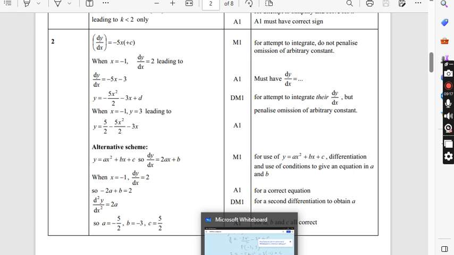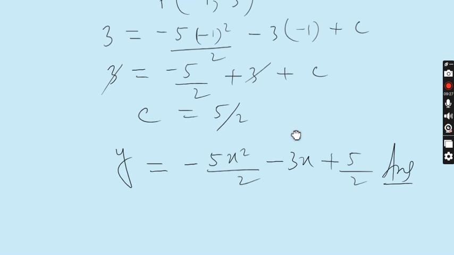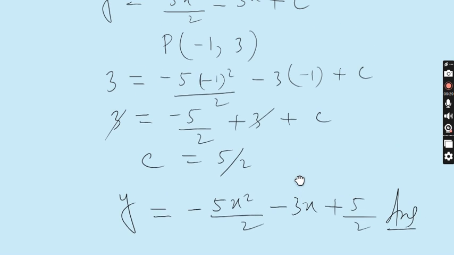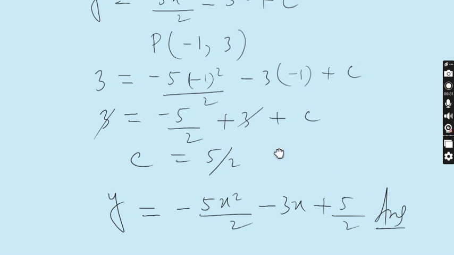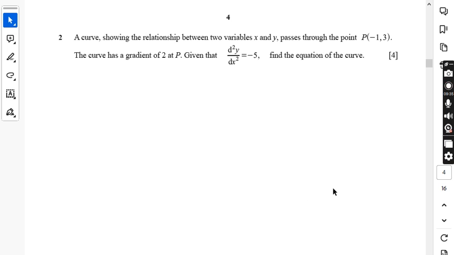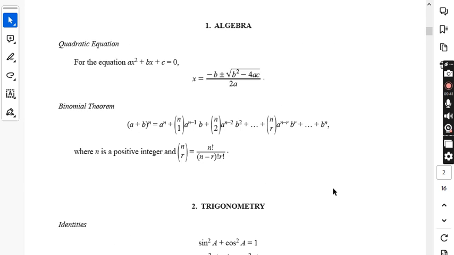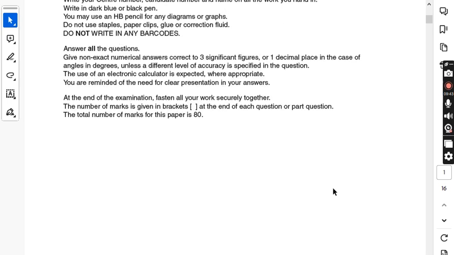And our answer is -5/2 x² - 3x + 5/2. 100% correct answer. So students, this is our today's class where we did question number 2 from past papers October-November 2015, paper 1-2.